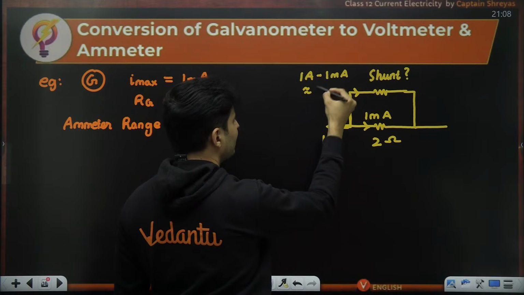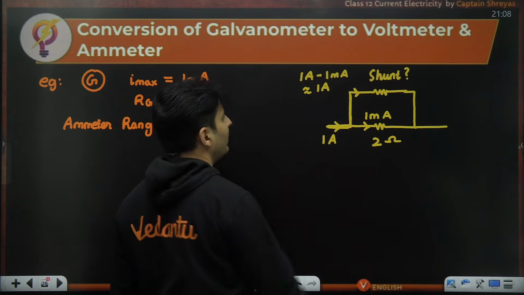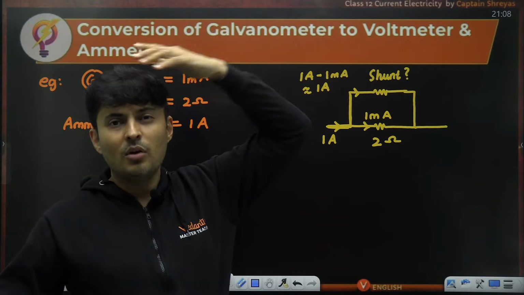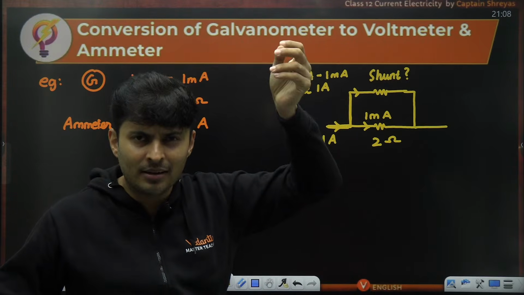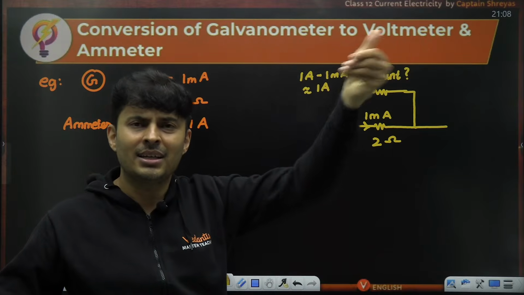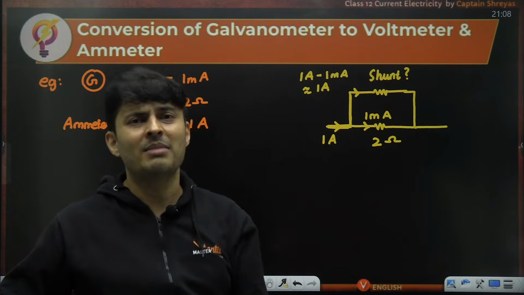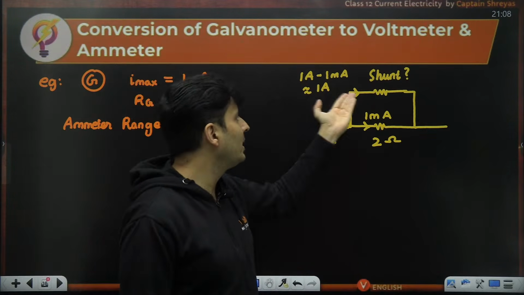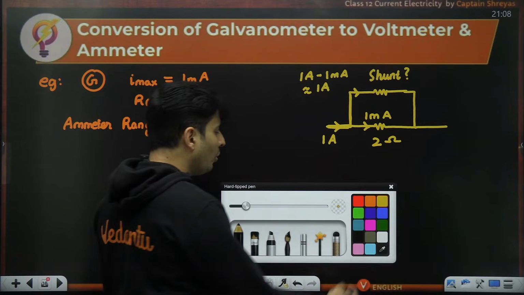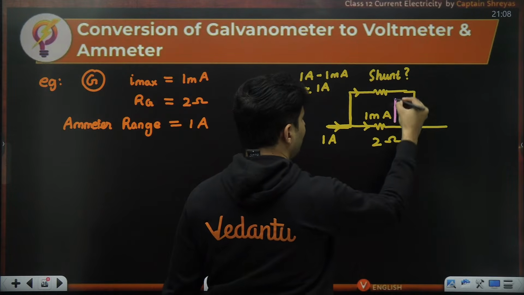Guess what? This is almost like saying 1 ampere only, because 1 ampere is 1000 milliamperes. From 1000, if you take 1, it is 999. 999 milliampere is 0.999 amperes, which is 1 ampere only. So it does not make much of a difference. Now you can see, both of them are basically in parallel.